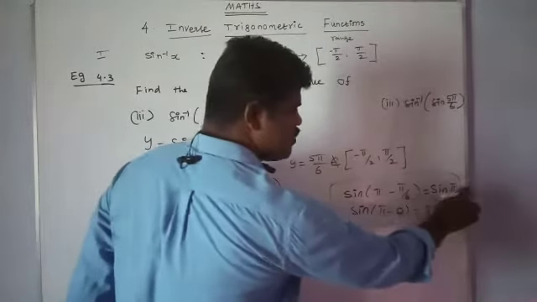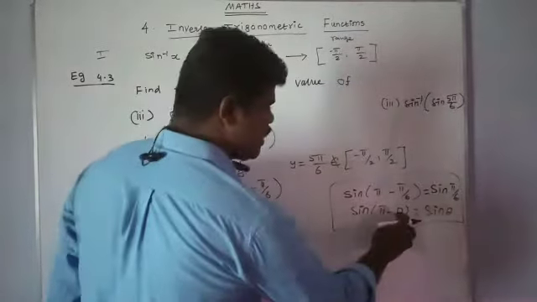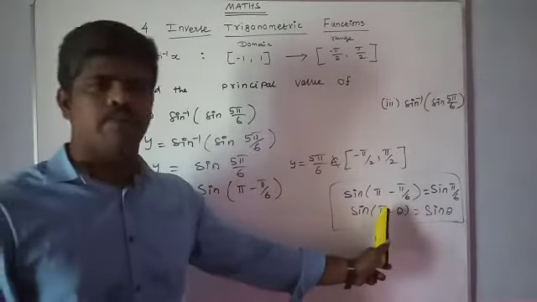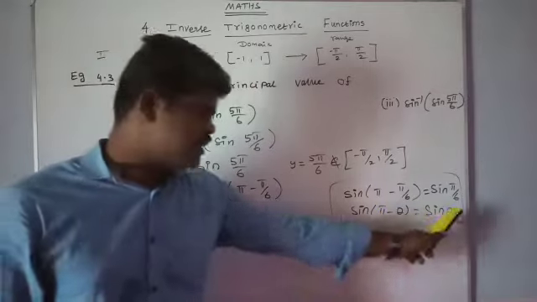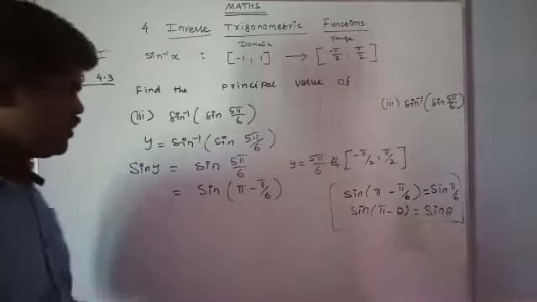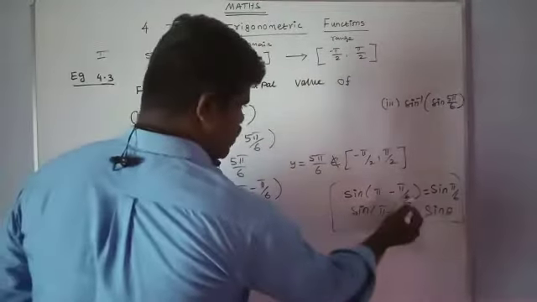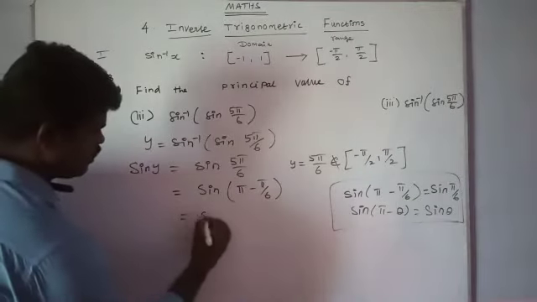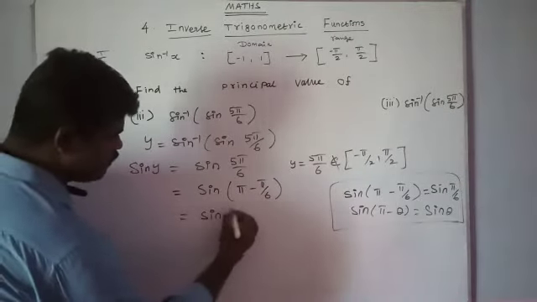So the answer is sin pi by 6. Sin of 180 minus theta is equal to sin theta, because this is a second quadrant value. Now sin of pi minus pi by 6 is equal to sin pi by 6. Here we want to write sin pi by 6.